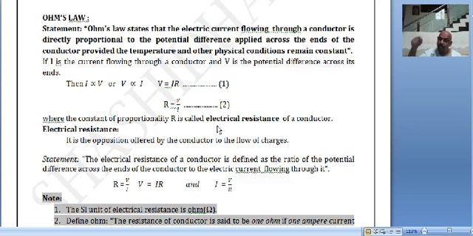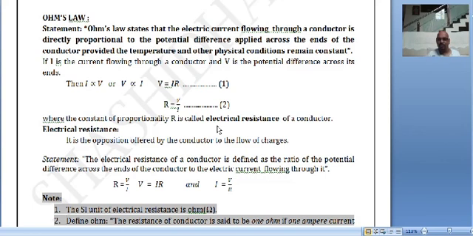Again, because of collisions. Remember, the collisions that the electrons have to suffer with the positive ions and the other neighboring electrons, and because of those collisions, the path or the motion of the electrons is obstructed, opposed. So this opposition to the flow of charges due to collisions is called resistance.